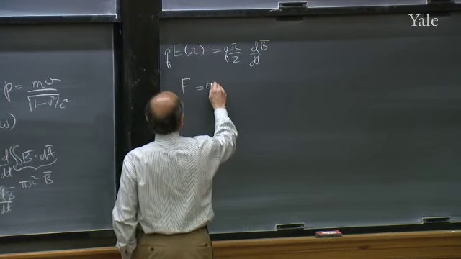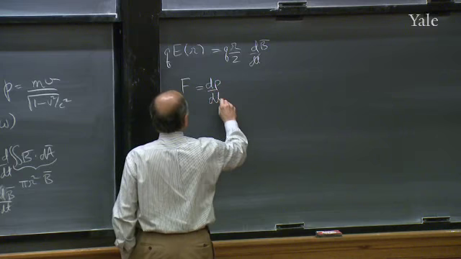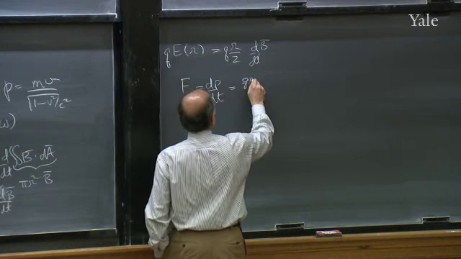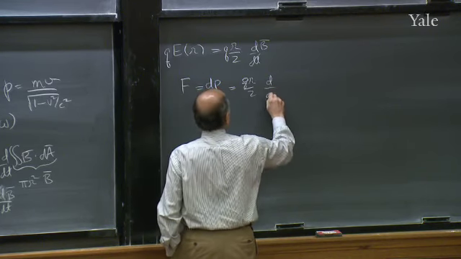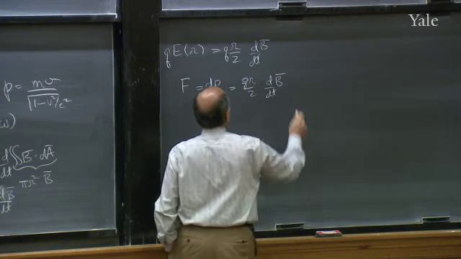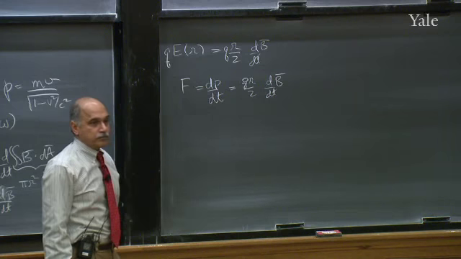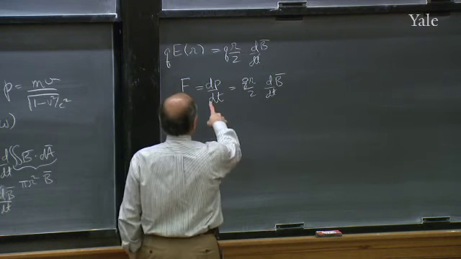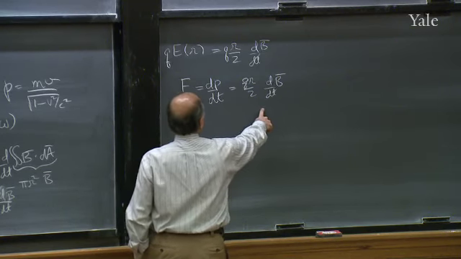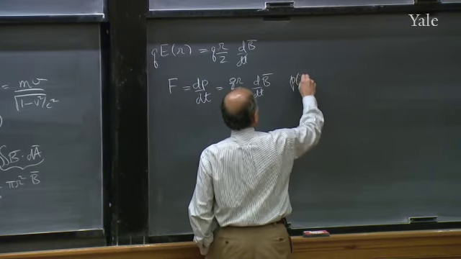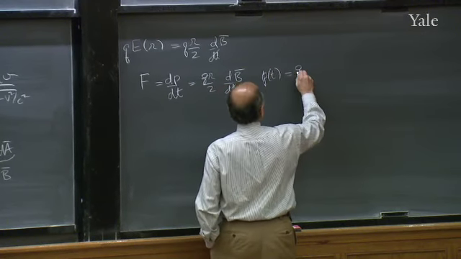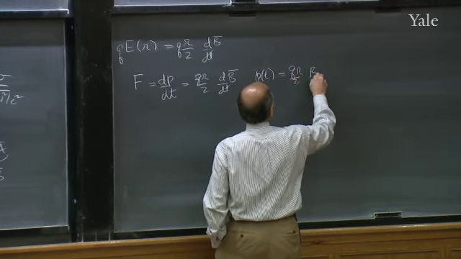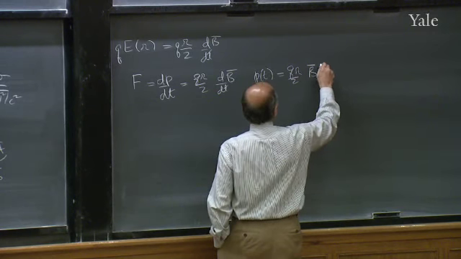That force is the rate of change of momentum. So the rate of change of momentum is qr over 2 times the rate of change of the average field. Now, if this is the rate of change that's equal to the rate of change of B, then p of t is equal to qr over 2 times the average B at time t.